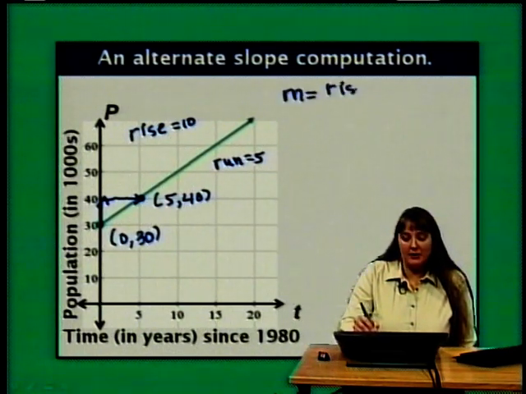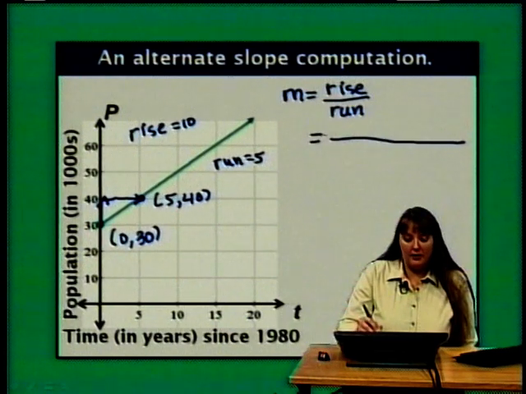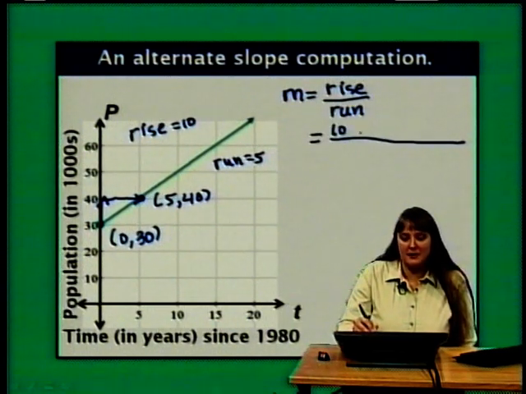So when I go to compute the slope, the slope m is rise over run. So my rise is 10, and including the units, that's 10,000 people.